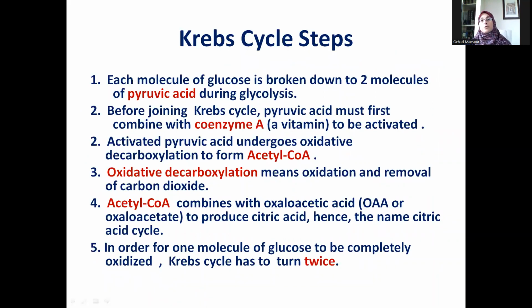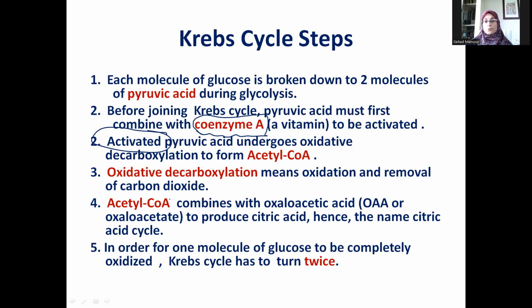As we said, before joining Krebs cycle, there should be combination with coenzyme A. And coenzyme A is a coenzyme actually of vitamins. And then pyruvic acid undergoes oxidative decarboxylation, and at the same time, it undergoes activation. And we explained oxidative decarboxylation.